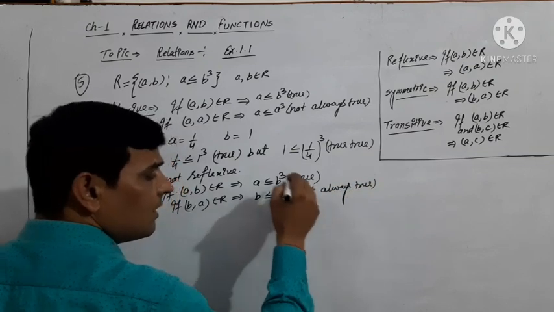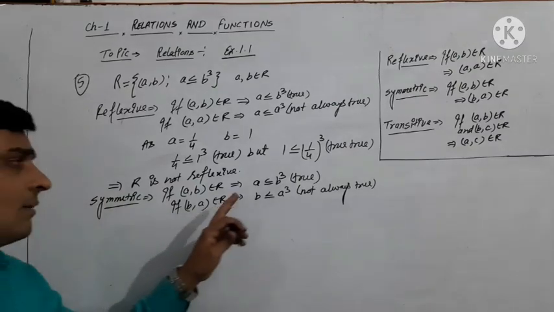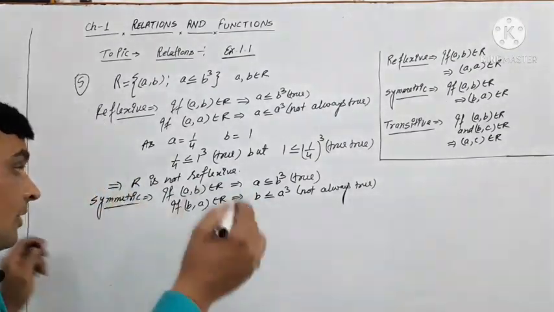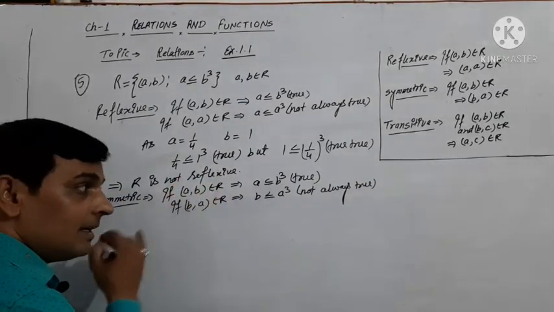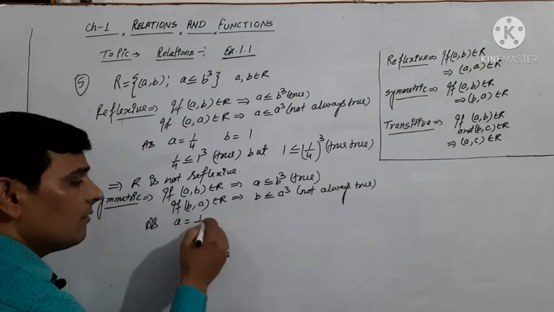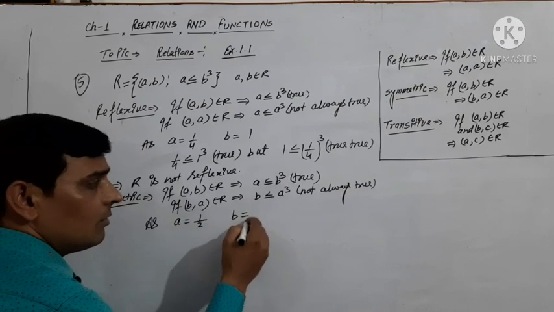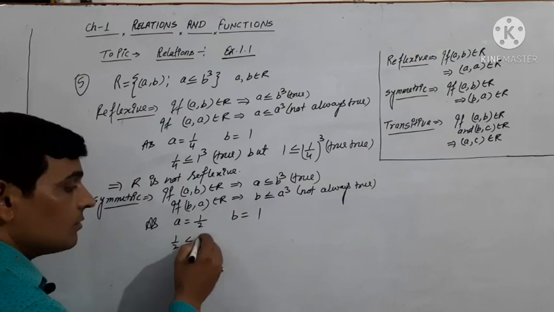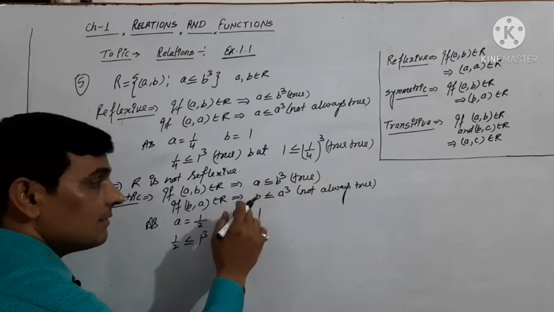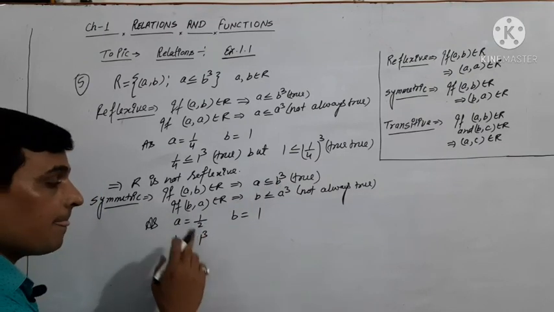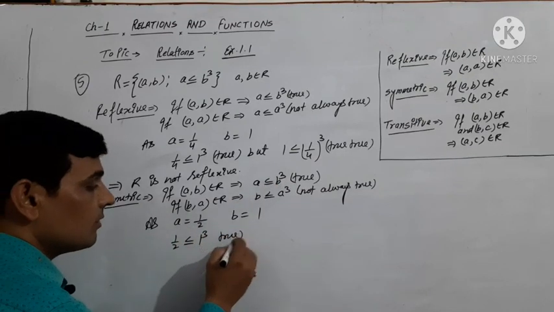As there are so many real numbers a and b for which the first condition is valid and the second one is not valid. Now we are taking some real numbers, a equal to 1 by 2 and b equal to 1. 1 by 2 less than or equal to 1 cube. First condition is valid. This is true.